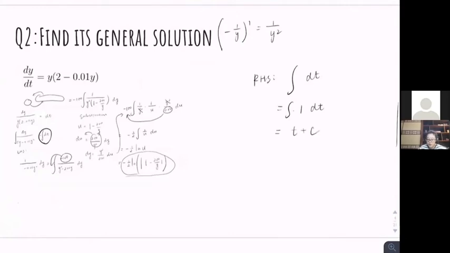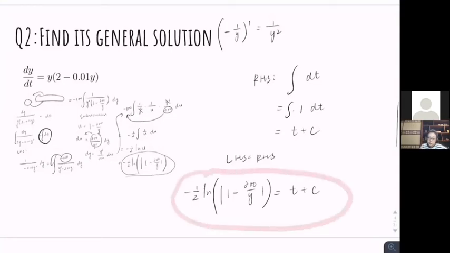So I put the left-hand side and right-hand side together. I will get negative 1/2 times the natural log of the absolute value of 1 minus 200 over y equals t plus c. I can actually simplify this, but I'll leave it here because it's clear enough to see the general solution. And this is also easier to use in the next step. I will copy and paste this into the next page.